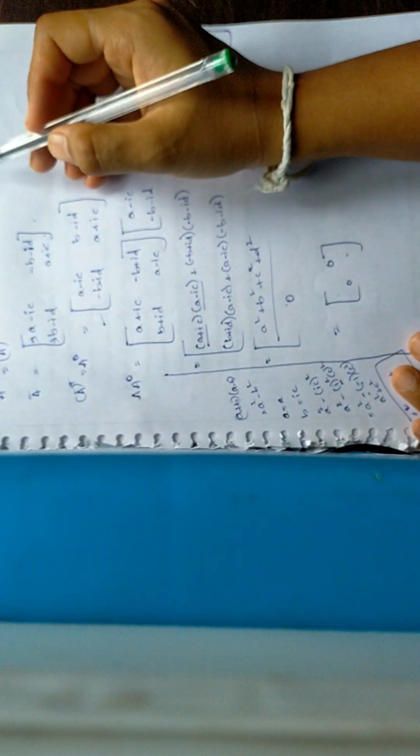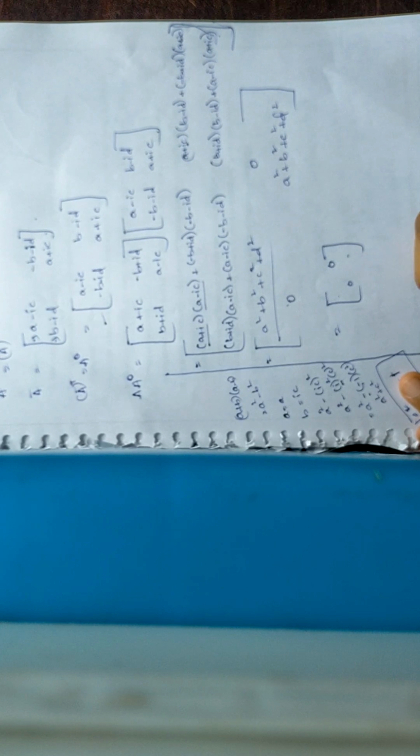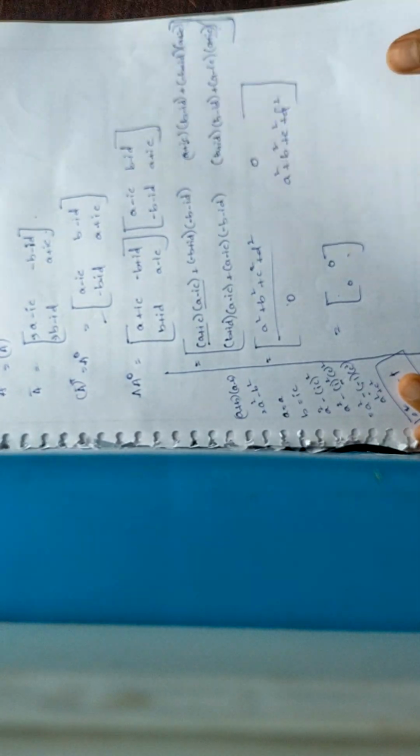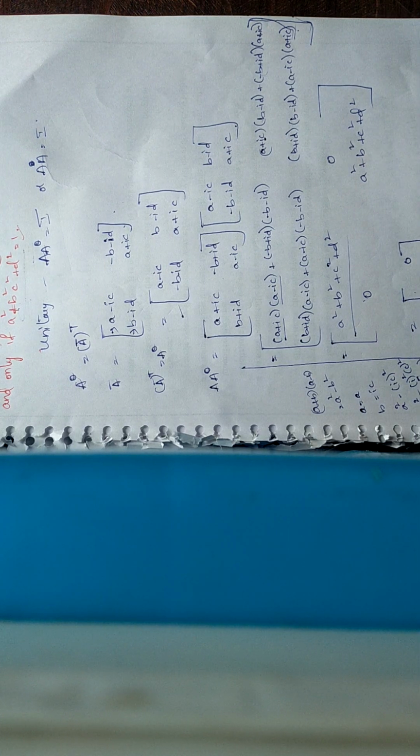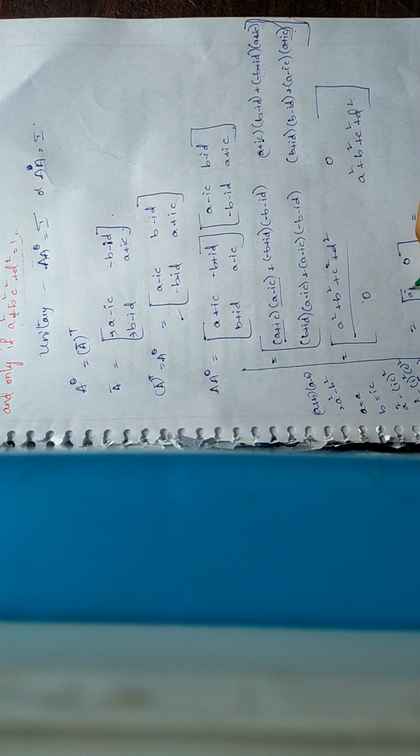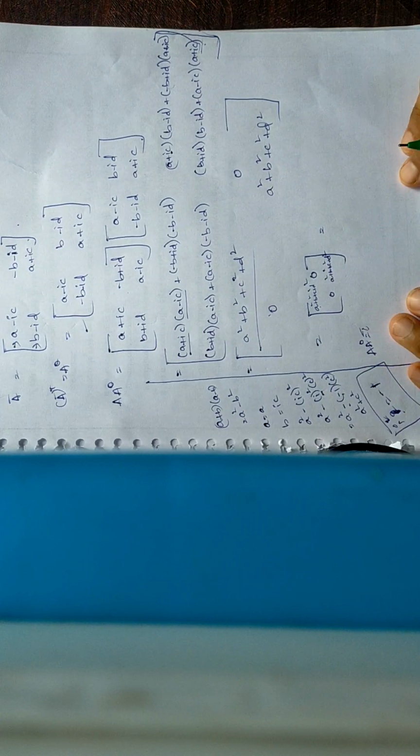So if this matrix is unitary, then A into A power theta is equal to I, right? That is the condition. So instead of finding the value, we can just equate this a square plus b square plus c square plus d square to I, because we have assumed that this matrix is a unitary matrix.